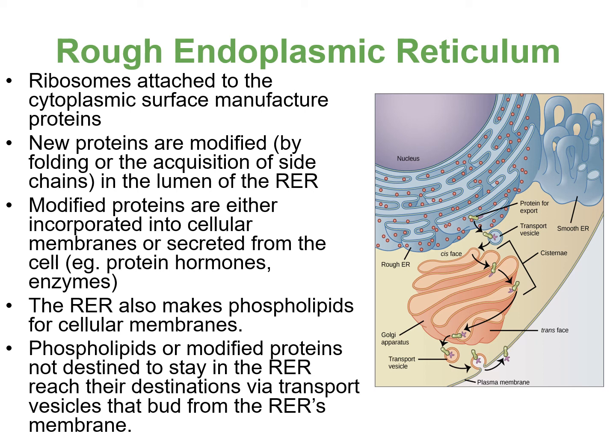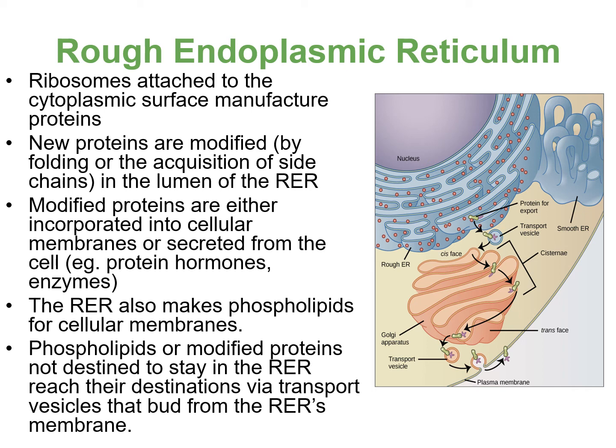Ribosomes transfer their newly synthesized proteins into the rough endoplasmic reticulum's lumen, where they undergo structural modifications. These modified proteins incorporate into cellular membranes, such as the endoplasmic reticulum's membrane or the membranes of other organelles. The proteins can also be secreted from the cell.